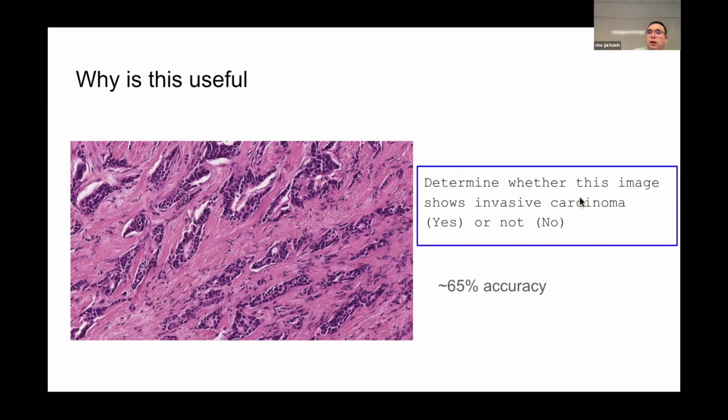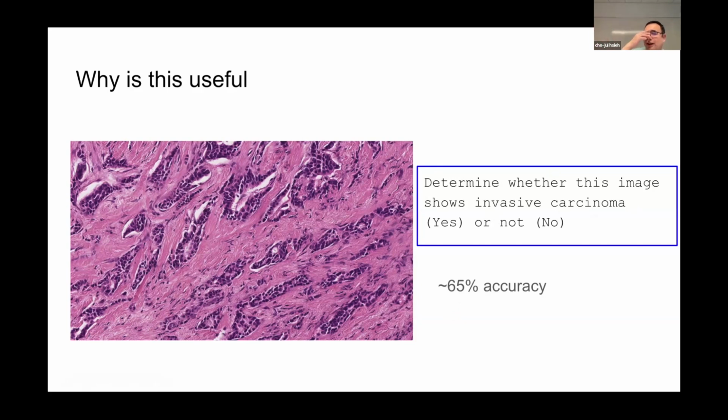So it's kind of breast cancer. We want to detect whether there's a breast cancer or not. So if you just pass this image and this instruction to the language model, it will give some prediction, but it's not very good accuracy.